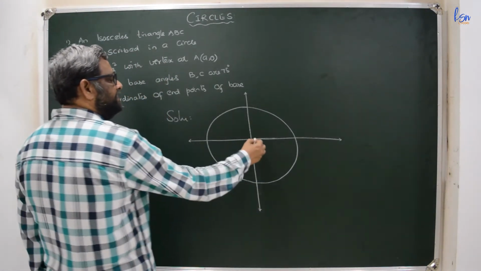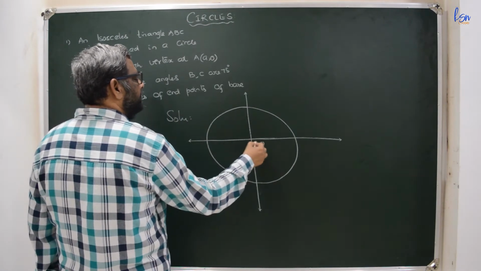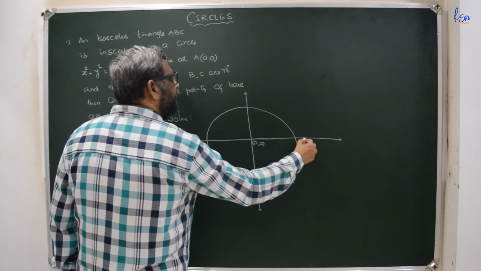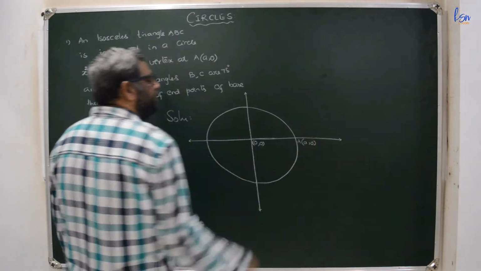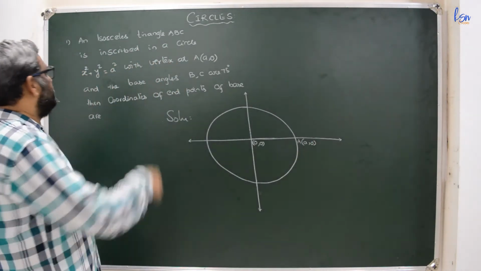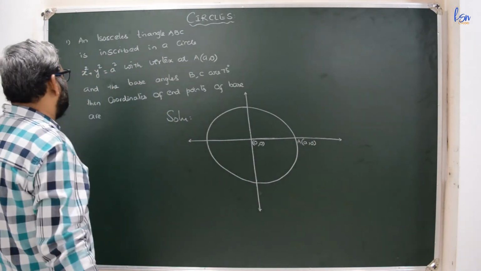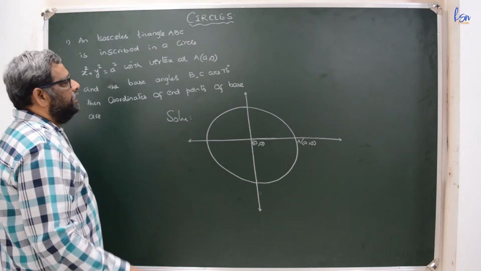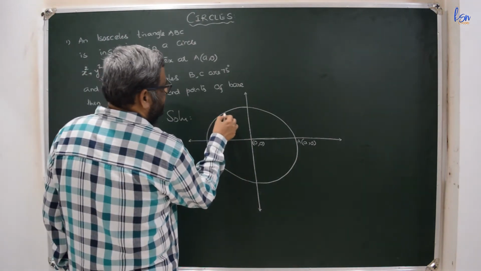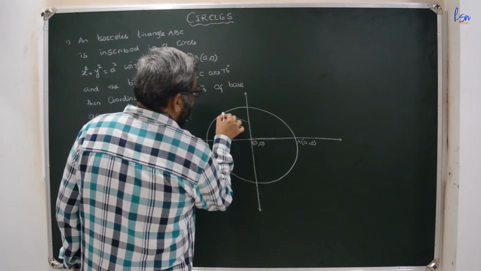So here this is the origin, this is (a, 0). It is given that one vertex is (a, 0) and the base angles are 75 each at B and C. So let us join this.